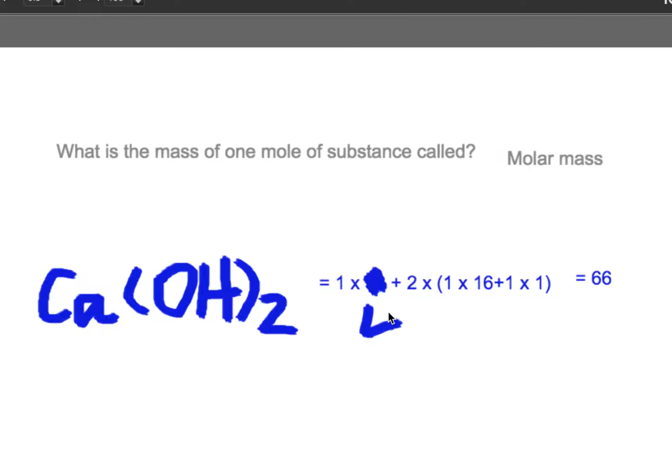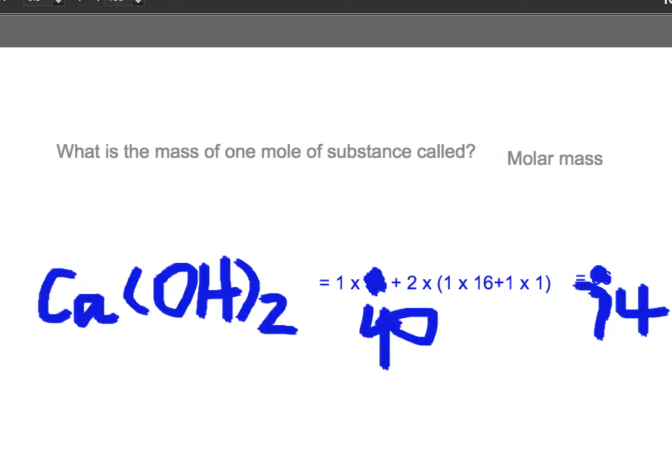For calcium, its molar mass is 40. And for oxygen and hydrogen respectively, it's 16 and 1.